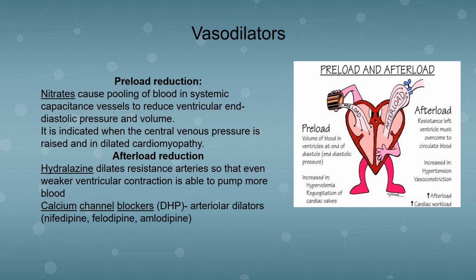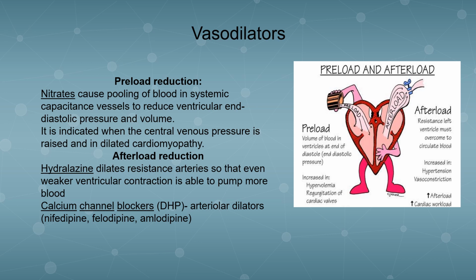And afterload reduction, there are arteriolar dilators basically. They dilate the resistance vessels, the arteries. So here you have hydralazine, which dilates resistance arteries so that even weaker ventricular contraction is able to pump more blood. And again you have calcium channel blockers, basically DHP group, not the non-DHP like verapamil, diltiazem.